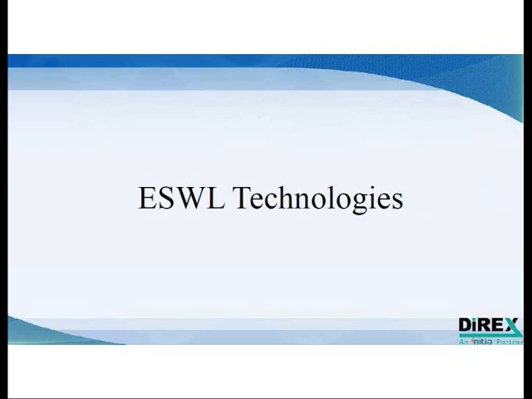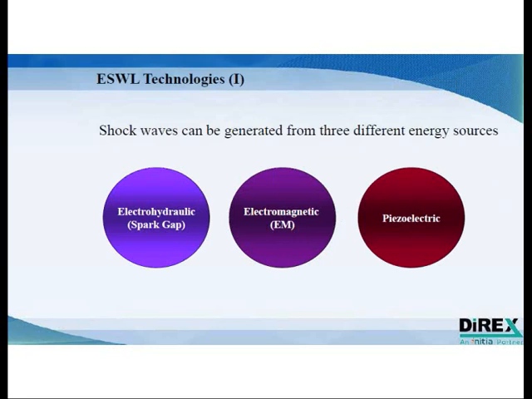This is the last part of the presentation, and is very essential to understanding the different types of technologies and their advantages and disadvantages. There are essentially three types, and historically you can see on the left electrohydraulic. It's a spark gap principle, a generation of high current between two electrodes. It is similar to lightning.